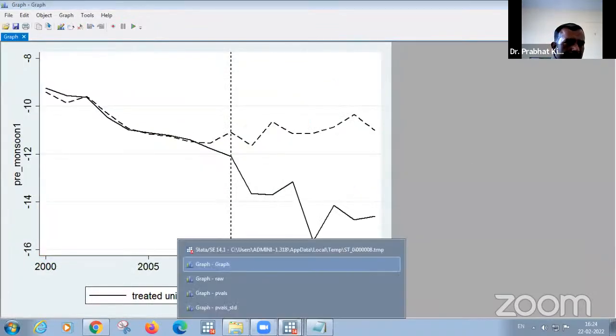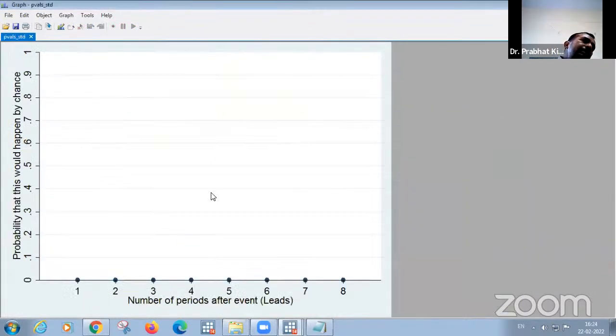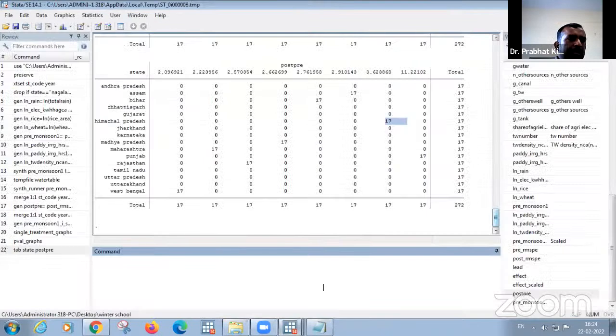For that placebo, to check whether the effect happened by chance, it has also been estimated, and we see here that it is anchored on the zero value, which bolsters our result that there has been some effect here, whereas in the earlier paper of APLC there was no effect.